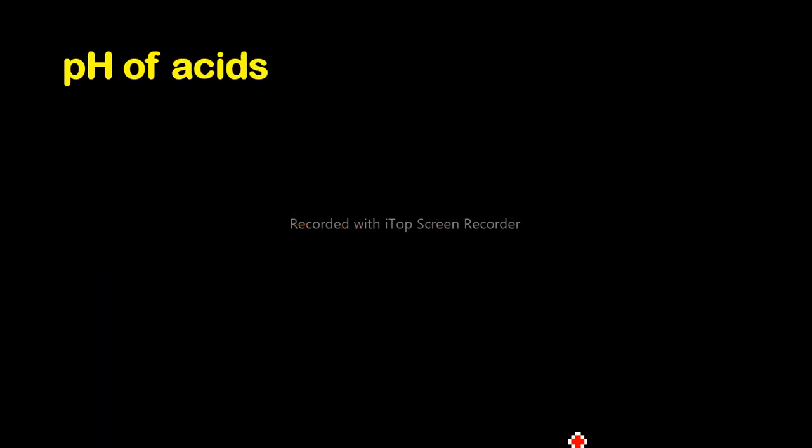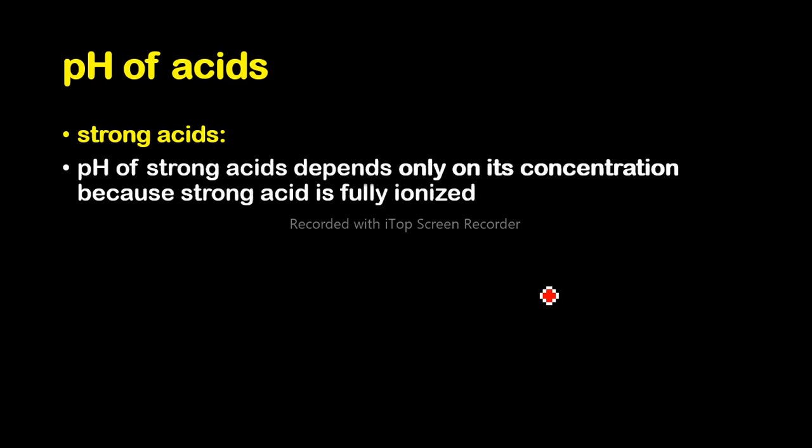Yes. Let's see how we can get the pH of acids. Consider strong acids: they ionize fully. Take an example of HCl, which ionizes fully to produce hydrogen ions and chloride ions.